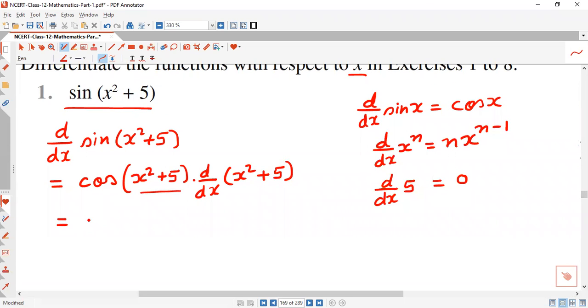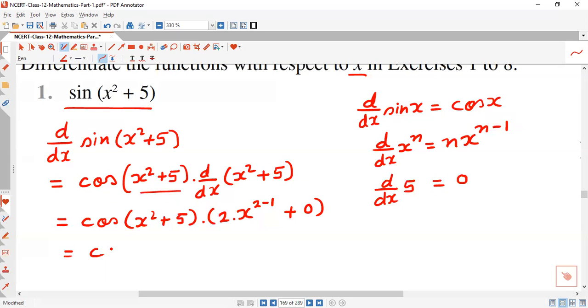So we do this one, what we see: cos of x square plus 5, and this will come out multiplied. X square becomes 2x, and this power 2 minus 1, and plus 5 becomes 0.